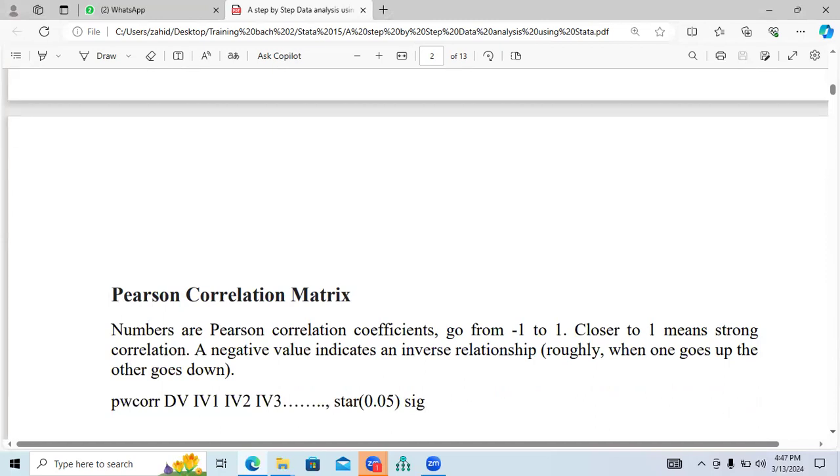Along with this, I also discussed the simple regression analysis, the pooled one, using sample pool data of corporate governance and firm performance, and how to report and interpret that data using APA format.